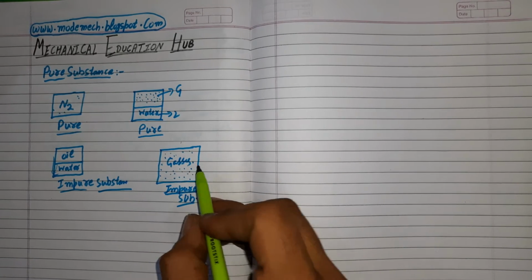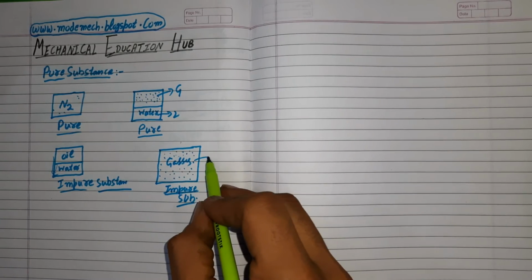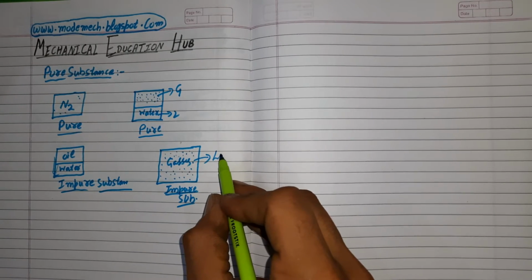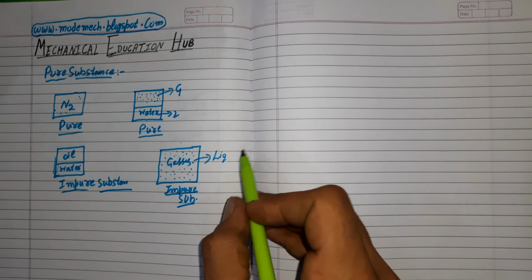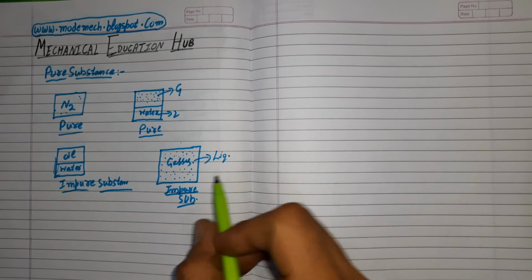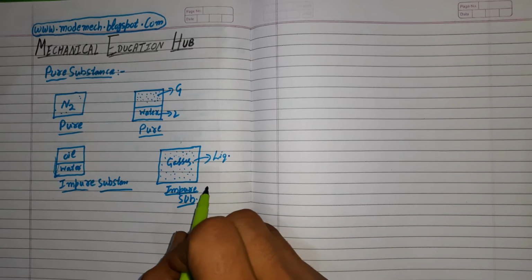Now all the compounds or elements will have different liquefaction temperatures. That means they liquefy at different temperatures. That is why this is an example of an impure substance.